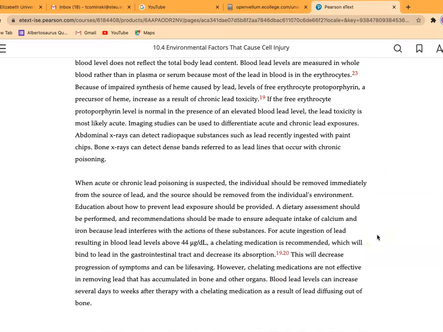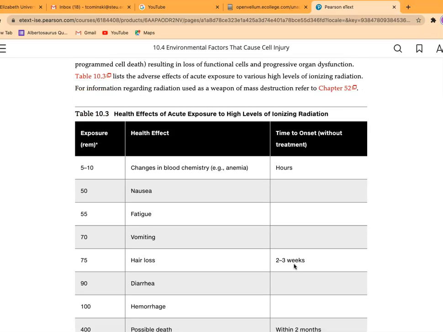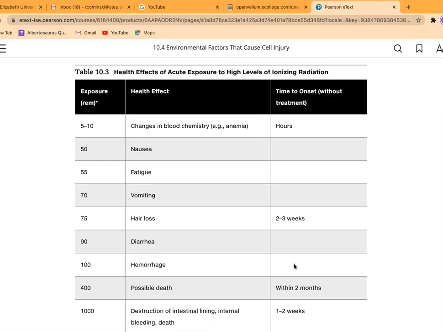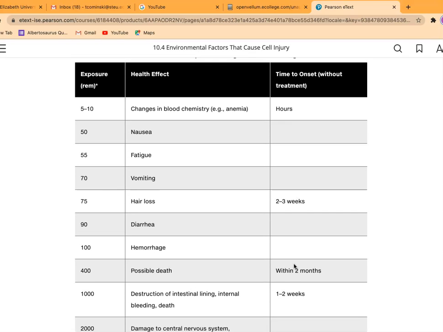Let me also show you that table 10.3, which was referring to the effects of acute exposure to high levels of ionizing radiation. These are exposures that are not normal, that we're not going to be exposed to during regular life, essentially.